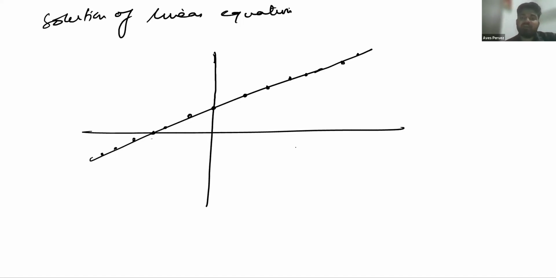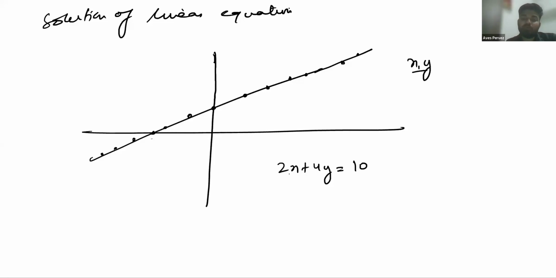So if this is the equation 2x plus 4y equals 10, how many possible values of x and y can lie? The values of x and y will give you one coordinate.